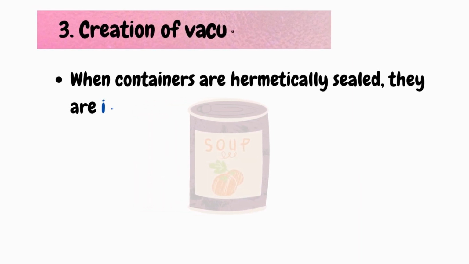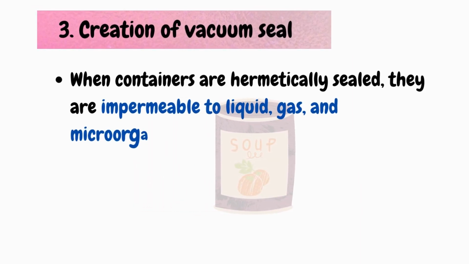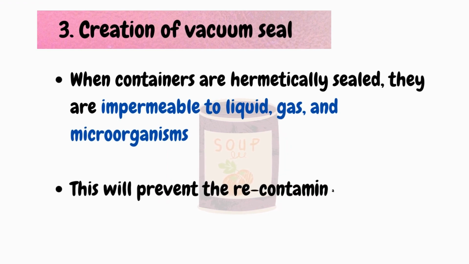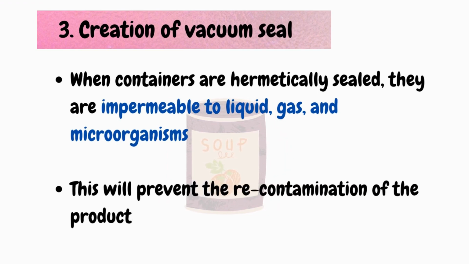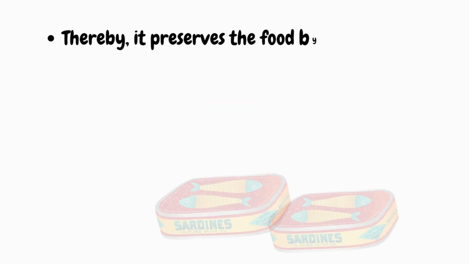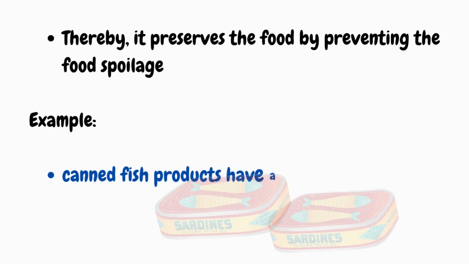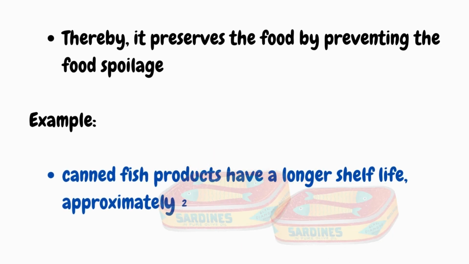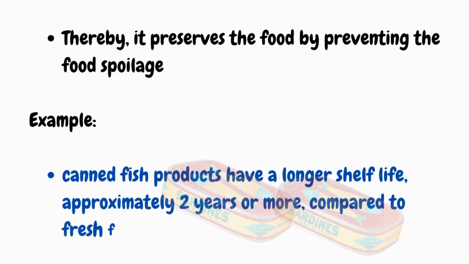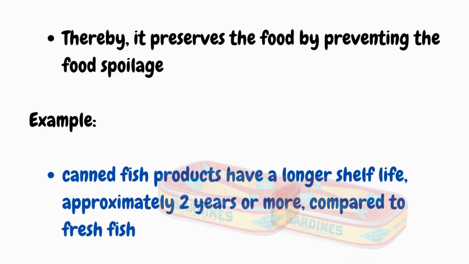Further, when containers are hermetically sealed, they are impermeable to liquid, gas and microorganisms. This will prevent the recontamination of the product. Thereby, it preserves the food by preventing food spoilage. For example, canned fish products have a longer shelf life, approximately 2 years or more, compared to fresh fish.